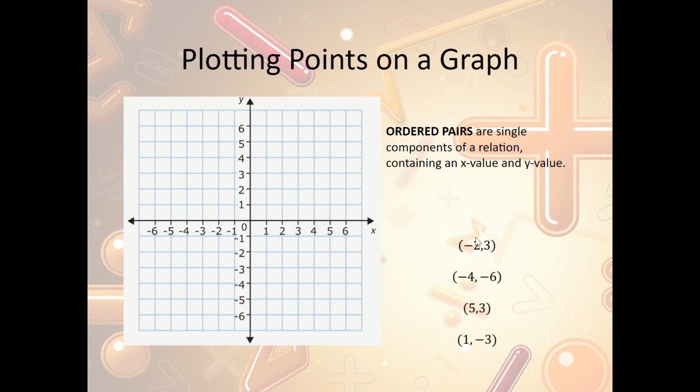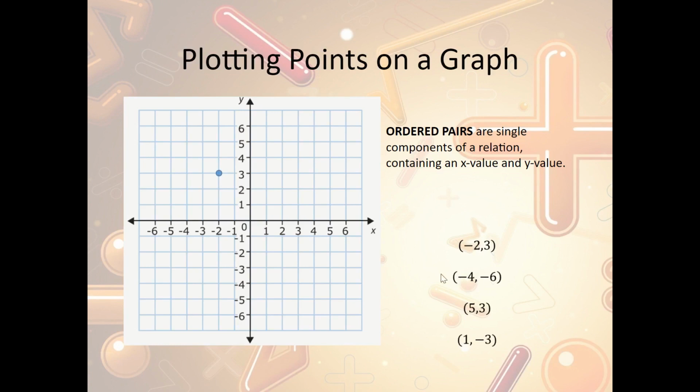The way this works is my x goes first and then my y. If you have trouble remembering that, just remember that they go in alphabetical order. So x, then y. My x is -2, so I'm going to go along the x-axis and find -2, which is here. And my y is 3. So I'm going to go along my y and go up to 3, right there. And I'm going to plot my point. That represents -2, 3.